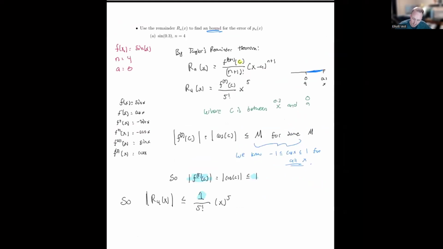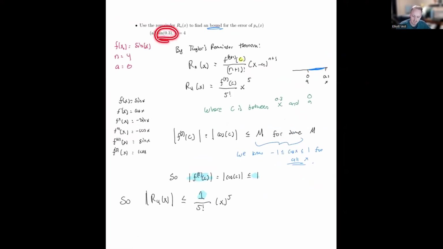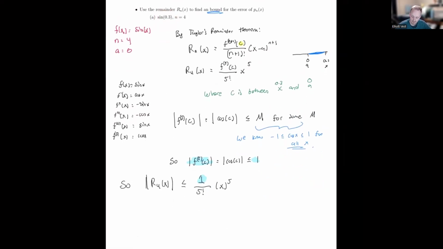And in particular, I'm looking at an error for sine of 0.3 here. So my x is 0.3, which means I have 0.3 is what I'm plugging in for my remainder. 1 over 5 factorial, 0.3 to the fifth. And I can plug that into a calculator as well.